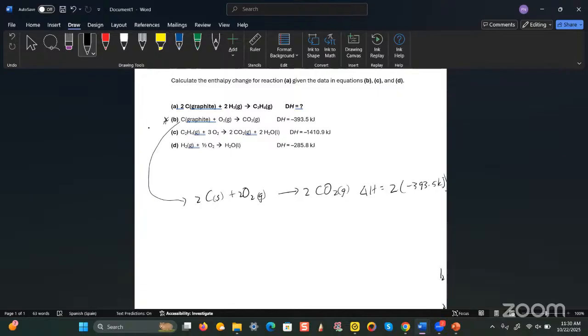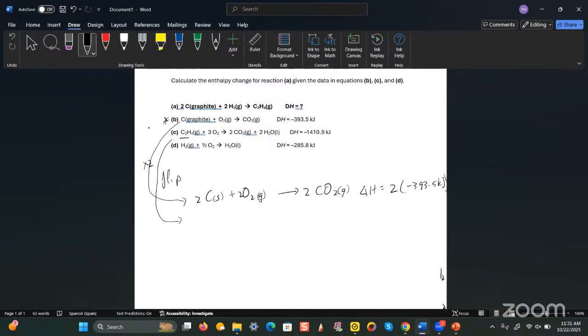Now, when it comes to C, again, we make the comparison between C and the first equation, and we notice that there is C2H4 here on the left side, but in the equation for which you're trying to find delta H, C2H4 is on the right side. So what that means is that for this equation, we have to flip it, right? So this one we multiply by 2, but this one we have to flip.